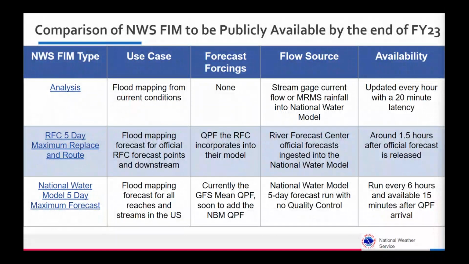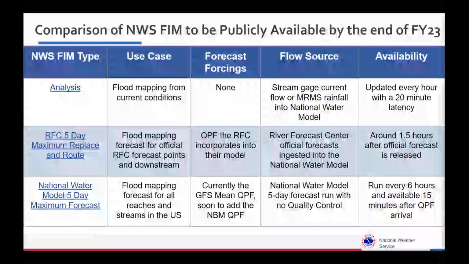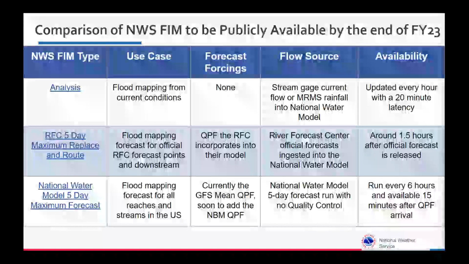Then we have the RFC 5-day FIM, which is flood inundation mapping that is provided for official RFC forecast points and downstream of there. So this FIM will use QPF that the RFCs use, and they'll also use the RFC forecasts in the water model to provide the inundation areas.